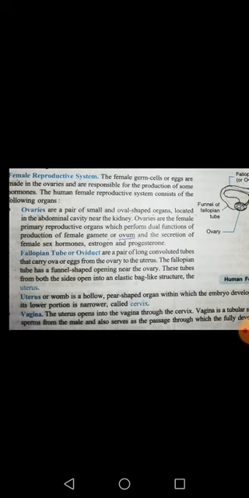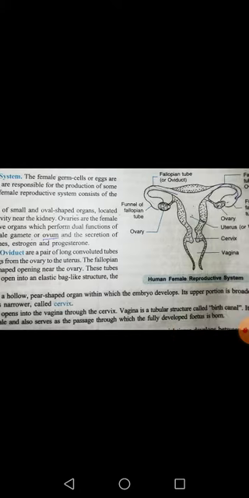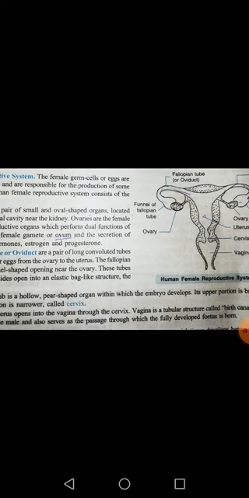These tubes are present on both sides, attached to both of the ovaries, and are opening into a sac like or bag like structure which is called the uterus. Now what is the uterus? In common language, uterus is called the womb, and if you observe, it looks like an inverted pear.